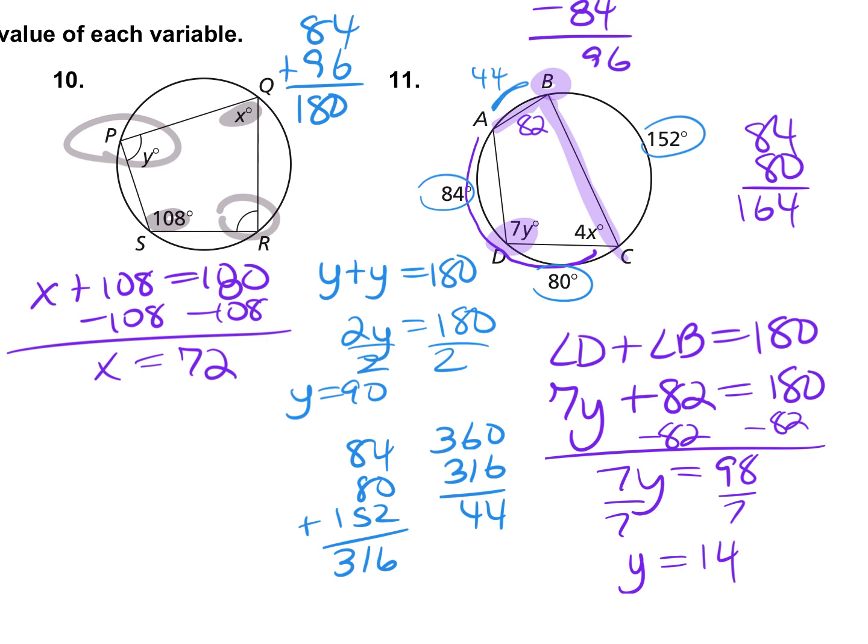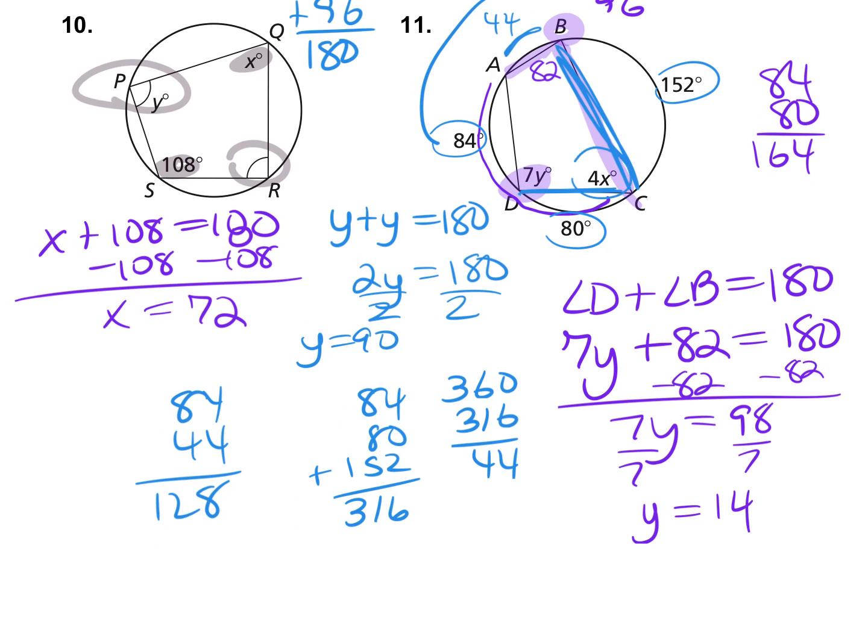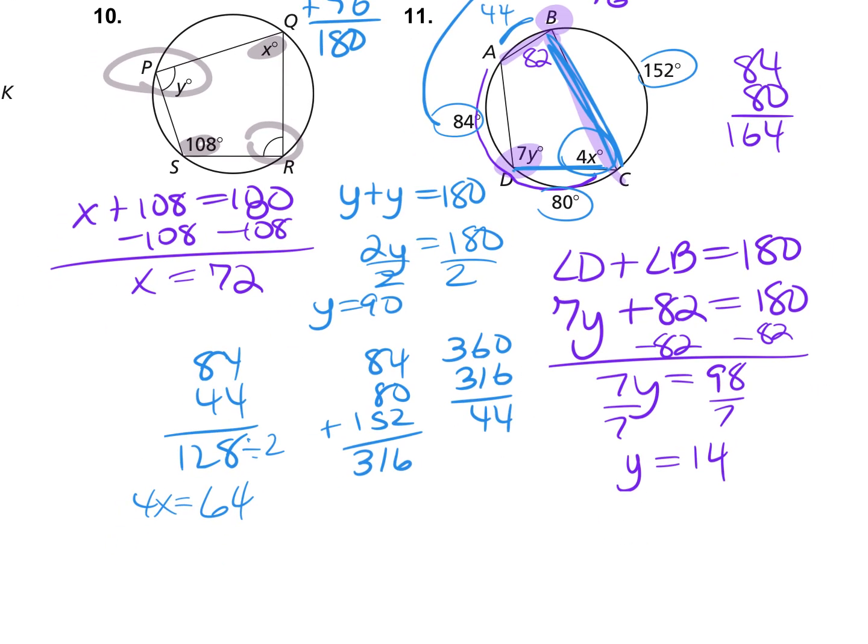Then, 4x's intercepted arc is the 44 and the 84 added together. I get 128. I know this angle is half of that. So if I divide it by 2, I get 64, and that's what I set 4x equal to. So that's another way you can do these, and you get 16.